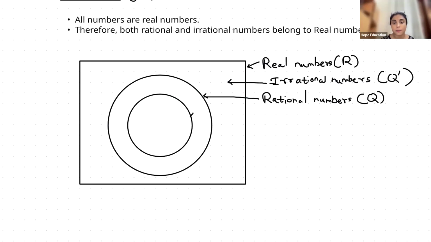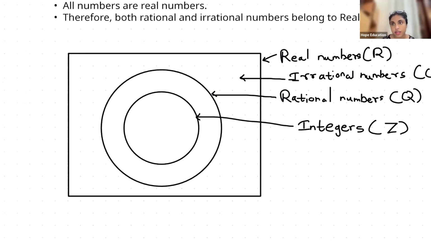This we call integers, represented by Z. So that means there are rational numbers that cannot be integers, right?